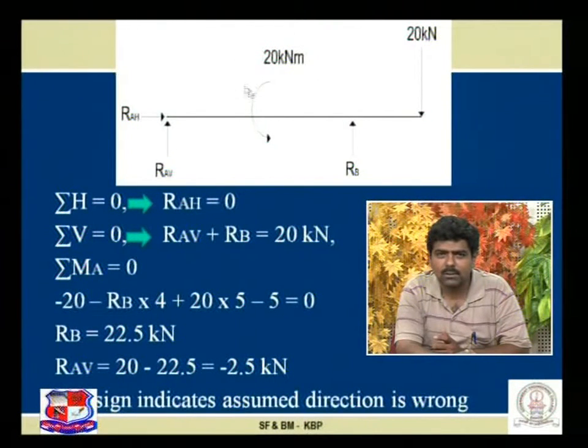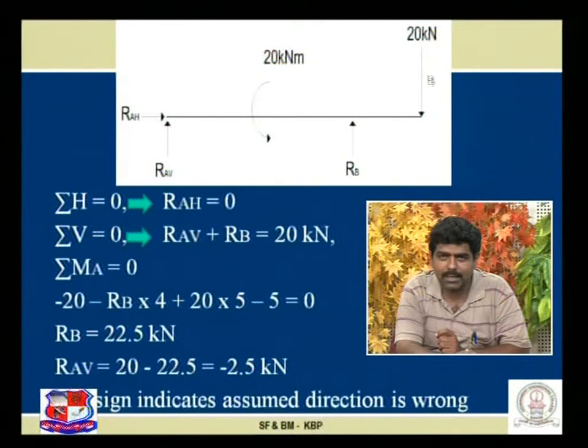This is the concentrated moment which is acting anticlockwise, minus 20. We do not have to multiply by any perpendicular distance because the direct moment has been given to us. Next, RB into 4 creates an anticlockwise moment, means minus RB into 4.